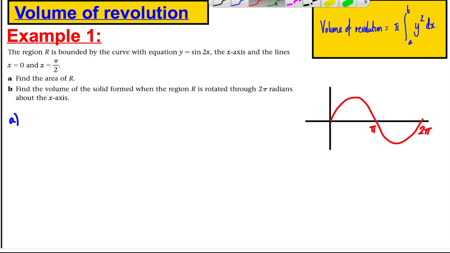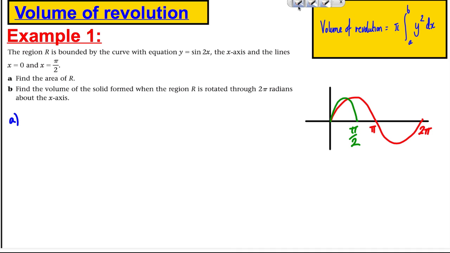But for sine 2x, doubling the x actually squashes everything by a factor of 2. So in this case it would go up like that to pi by 2. That's what the sine 2x graph would look like between 0 and pi by 2.